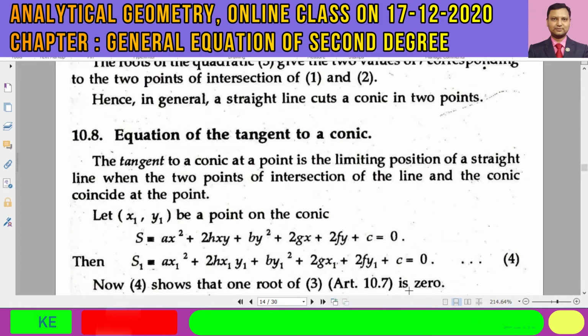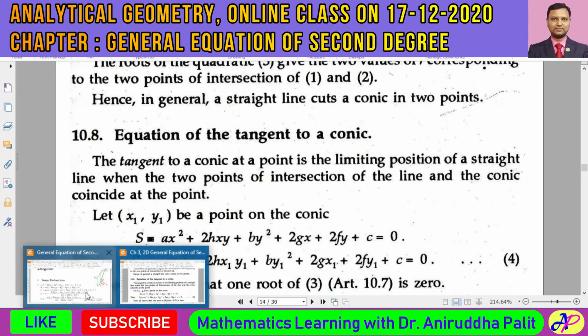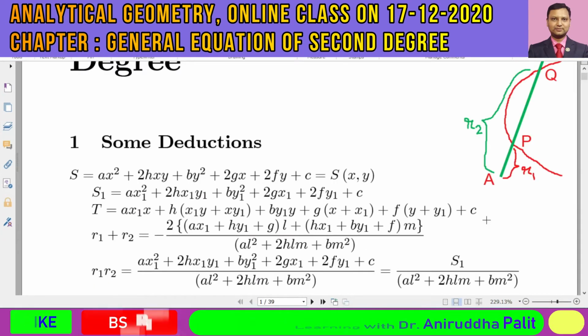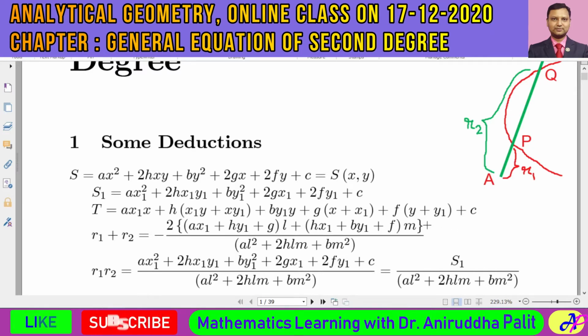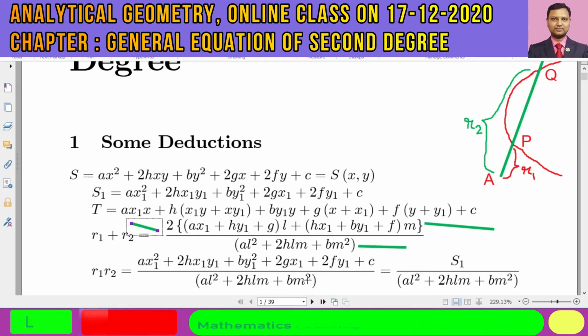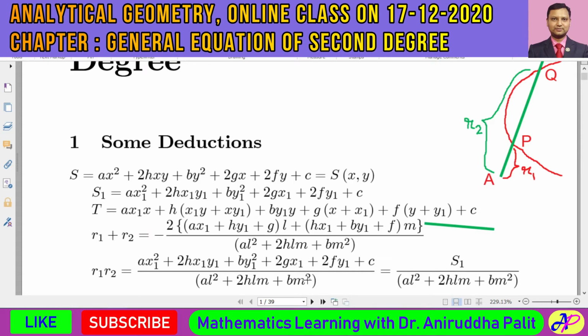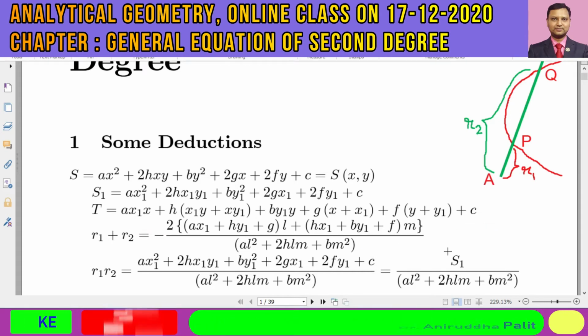It is not written over here. I have written it in a separate file. This is the coefficient of R divided by the coefficient of R square with this negative sign. Got it? So R1 plus R2 will have this kind of expression.